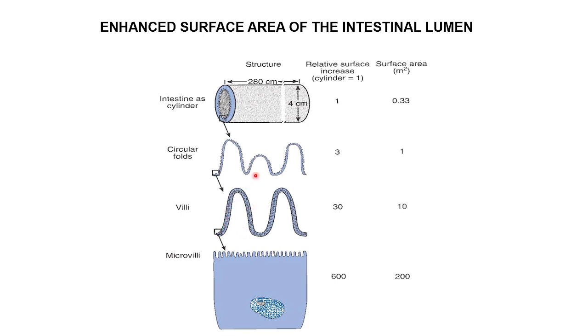Each of them is made up of enterocytes, and on the surface of each enterocyte there are invaginations of the membrane. The villi increase surface area up to 30 times, and when we combine everything together, including the microvilli, from the flat cylinder to the surface of each microvillus, the increase of the surface area is 600 and even up to 1,000 times.